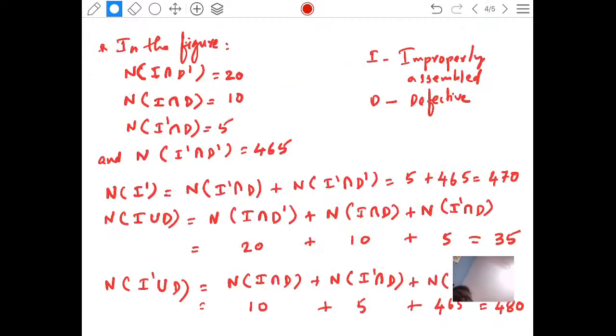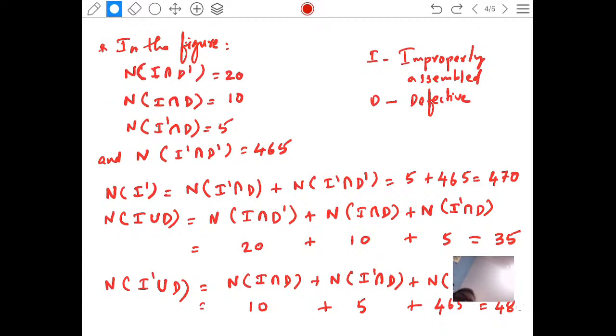These are the sets. You can see the machine parts which are defective are contained in these two sets. That is, the first set, n of I intersection d, contains d, then n of I complement intersection d contains d, and the other two sets do not contain d. They only contain d complement.